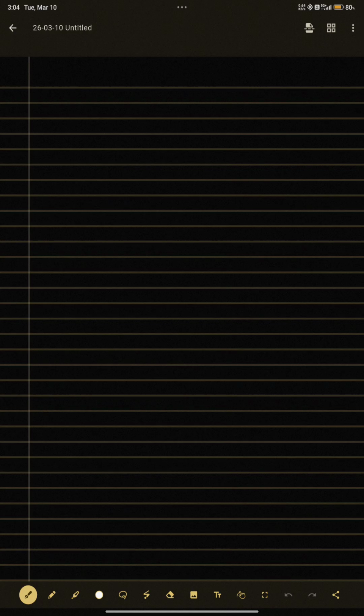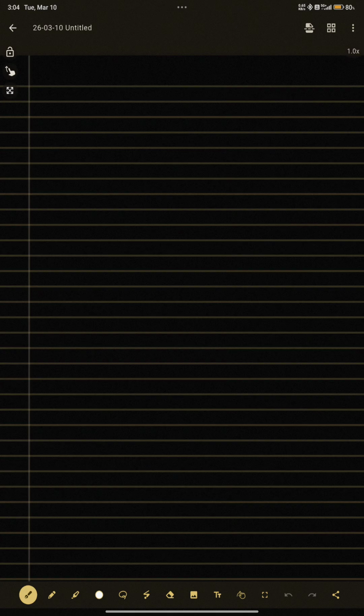What do I mean by that? This is your disc. This is the shaft.